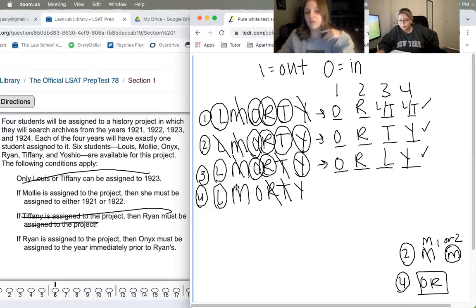So we've already figured out in the first 3 worlds, M can't happen. That's prevented us from making 3 additional worlds, which is great. And even if we had to make worlds, it takes us 5 seconds to do so. So it's not a huge time saver, but it's still a time saver.